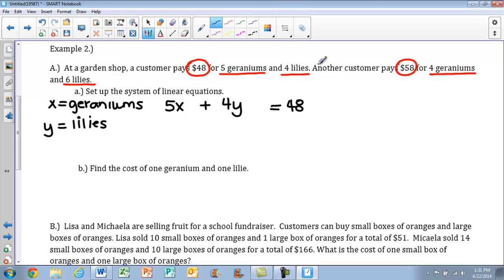Now, the second customer spent a total of $58 and they bought 4 geraniums and 6 lilies. So this is our system here. If you recall, we are in standard form for both these equations, so solving using elimination will probably be the best option here. So we need to find something that we want to eliminate.